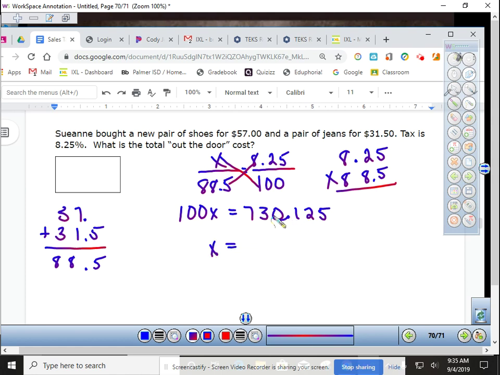How much tax are we paying? $7.30. And then how do we find the out the door price? Add it to 88.50. This is what show your work looks like. Are you with me? I got $95.80.